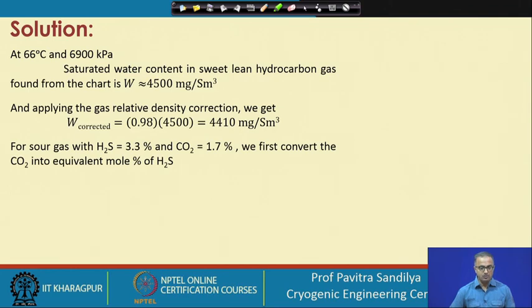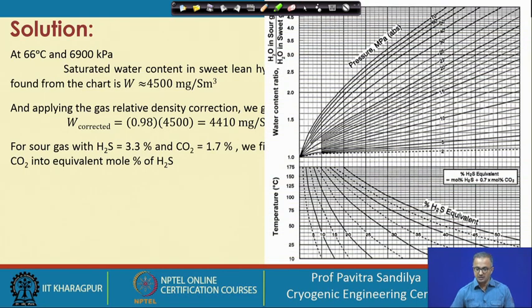Now we go to the next part of the problem, that is to find the water content in the presence of H2S and CO2. For this we shall be using these particular graphs. These graphs are given in terms of pressure, temperature and the equivalent H2S content. The equivalent H2S content is given by this formula: the mole percent of H2S plus 0.7 times the mole percent of carbon dioxide.